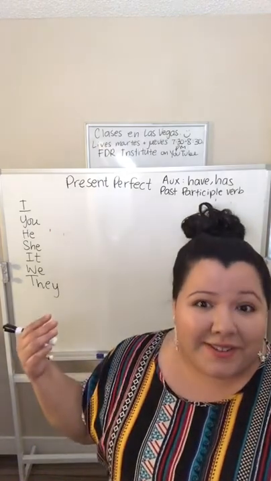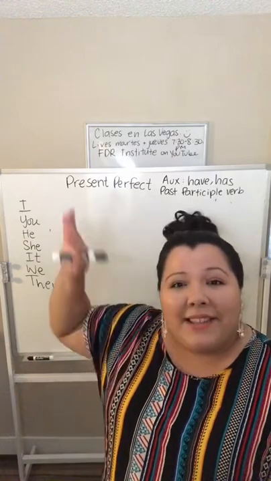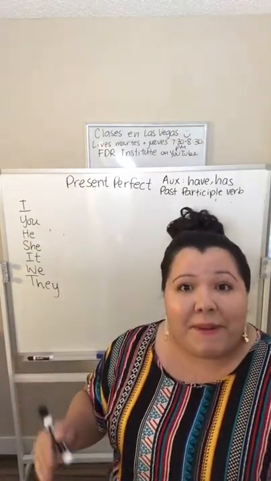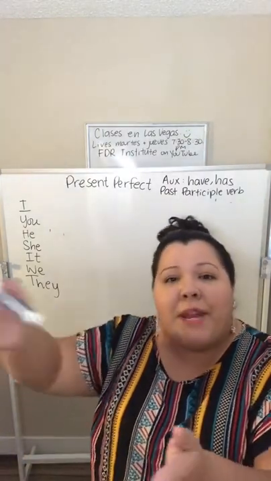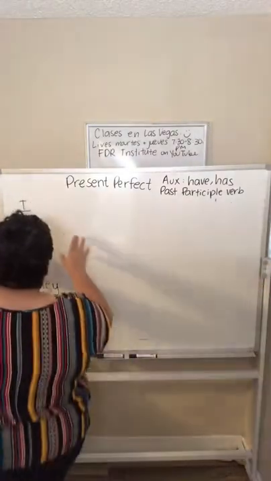Solo digan I worked yesterday. Or I studied yesterday. O si es last week, last month, last year, no se va a utilizar el presente perfecto. El presente perfecto se utiliza para hablar de lo que ha hecho durante un periodo que todavía no se ha acabado, right? No se ha terminado.